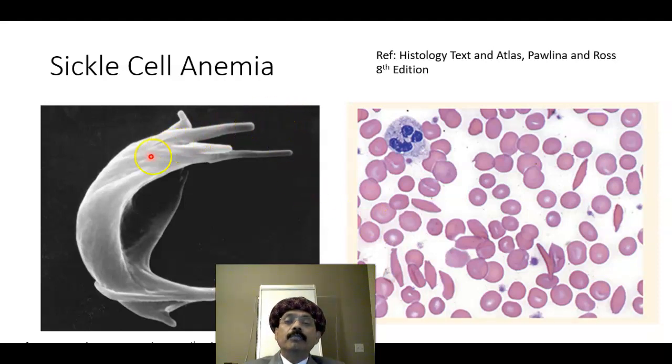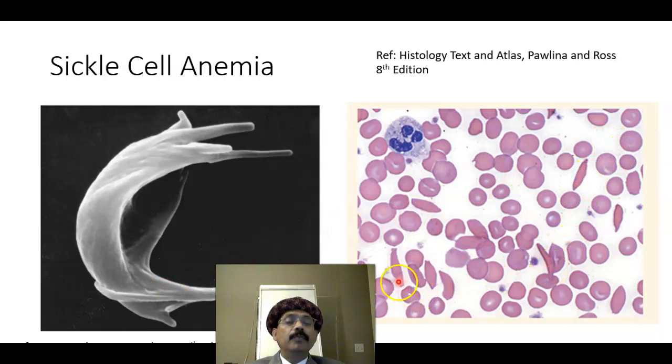We have another genetic problem: the hemoglobin may be defective in some individuals, especially people of African origin, and they have sickle cell anemia. Hemoglobin is not evenly distributed inside the RBC. Rather, under certain situations, it may be hardened. It may make a boat-shaped appearance like this and like this.